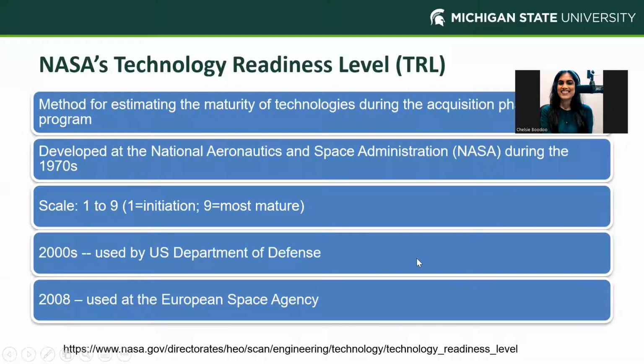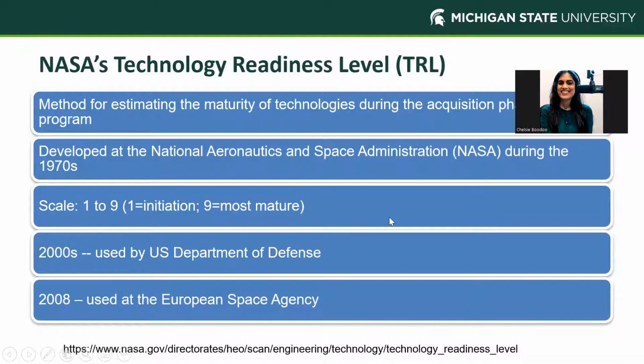So in NASA's technology readiness level, they established this way of assessing the maturity of technologies to guide the scientists and everybody else they are dealing with into moving their technology towards maturity. In other words, make that valley of death as narrow as possible.